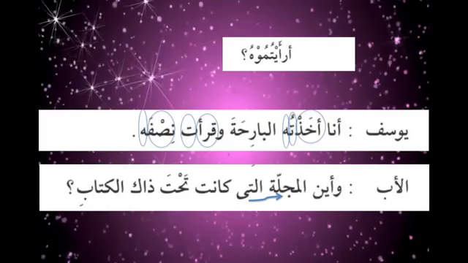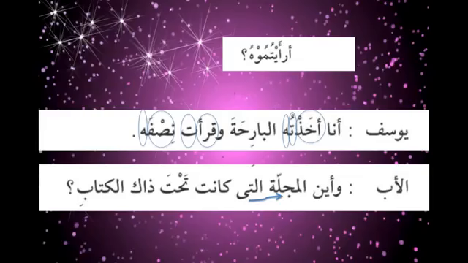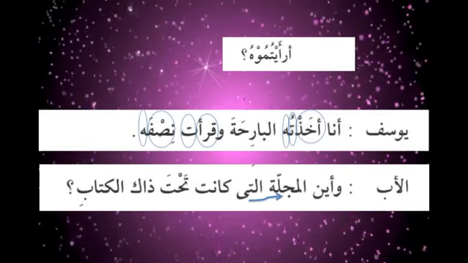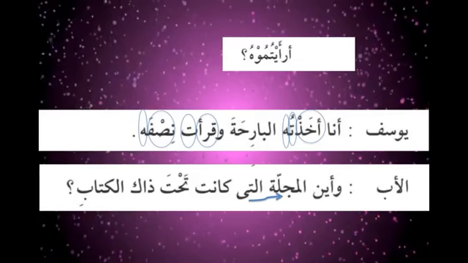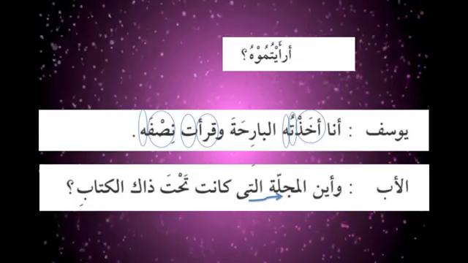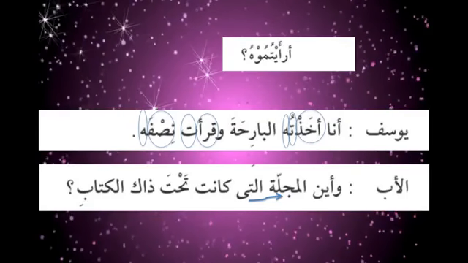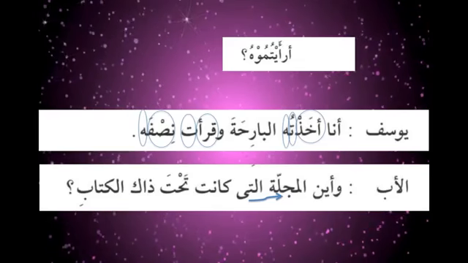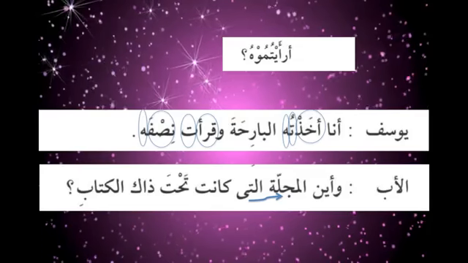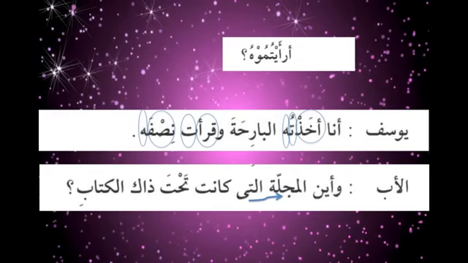Now we need to have silatul mawsul when there is ismu mawsula. So kanat is your fa'al, jumlatul fa'al, coming as a silatul mawsul. Now we know kana is a fa'il naqis, so it will have ism and khabar of its own. Kanat means here, which refers to majallatun, it was, and the khabar is tahta. Zarf is your khabar kana. What comes after tahta is your mudaf ilayhi.